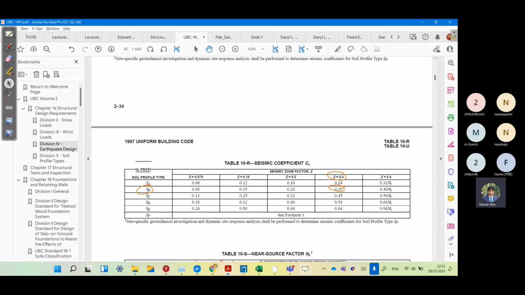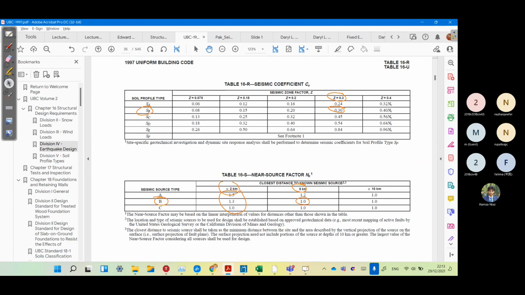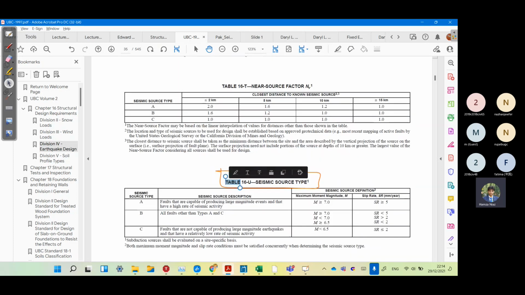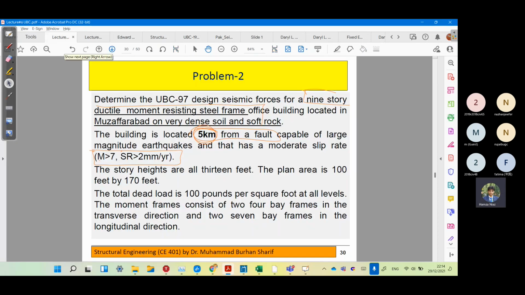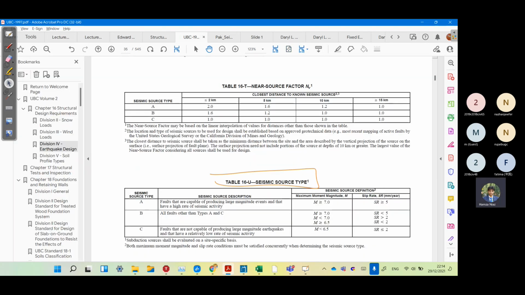If, for example, our building lay in zone 4, then we also have to check the seismic source type. Suppose in problem 2, the city of Muzaffarabad lies in zone 4. For zone 4, we also have to check this table, the seismic source type.